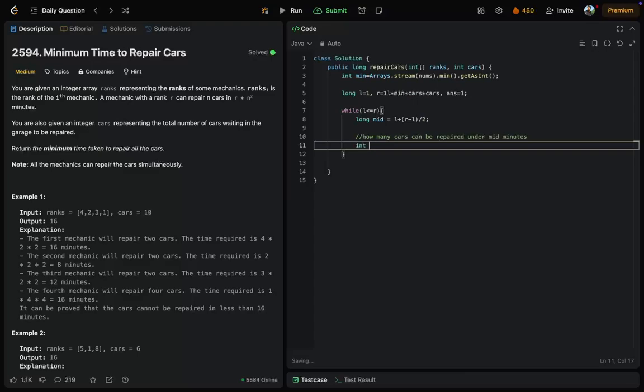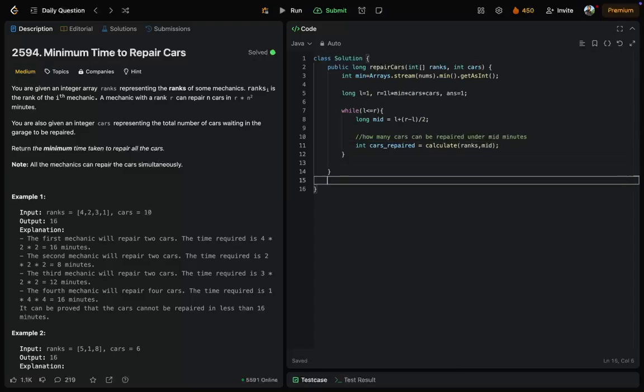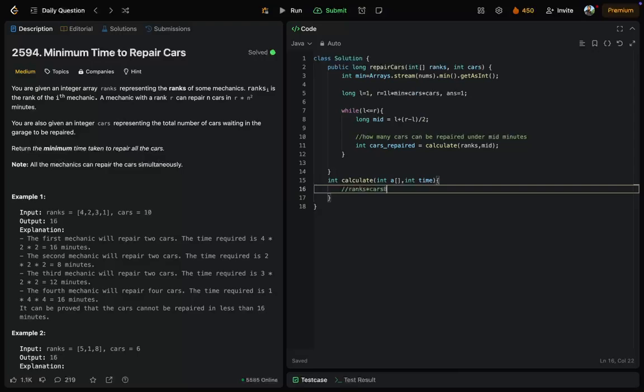Okay, so integer cars repaired, calculate ranks and mid int, and this is the time. We have a formula, rank multiply cars is equal to time.